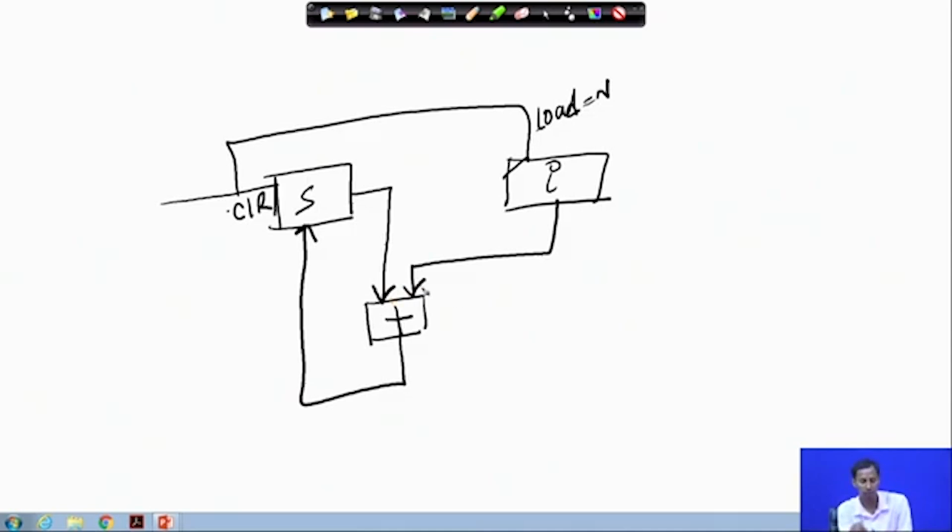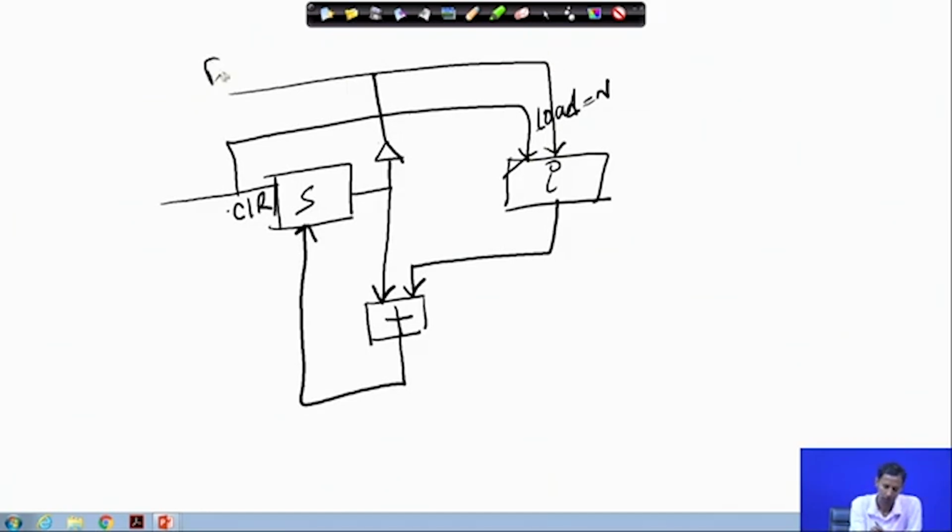And here, this is the external bus. So, what remains in this circuit? How can I set the terminating condition of the loop?